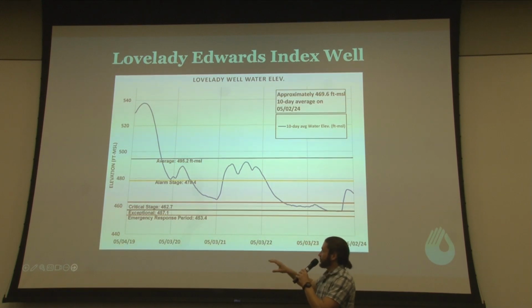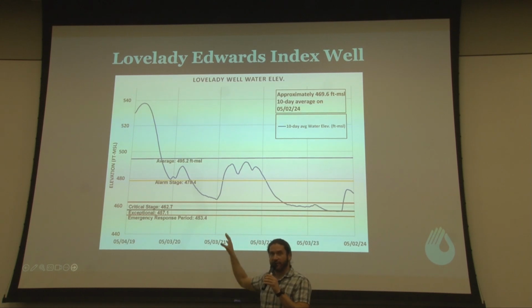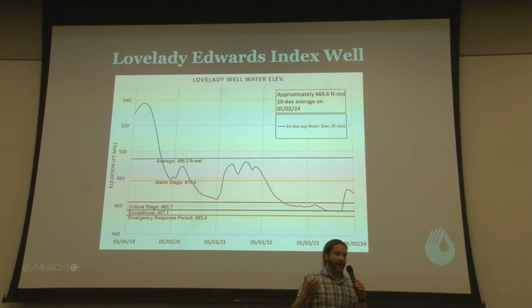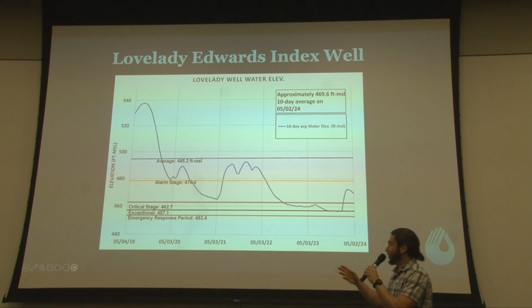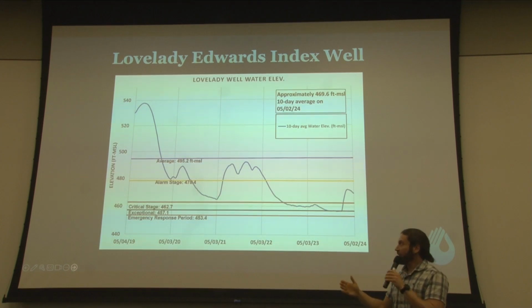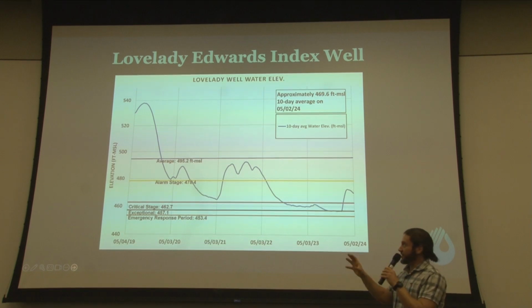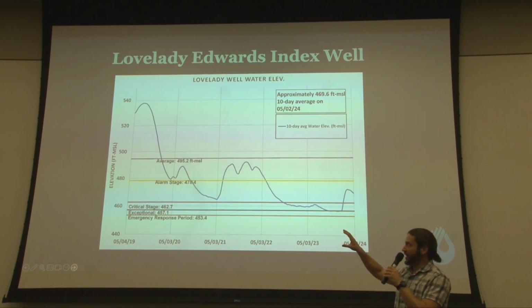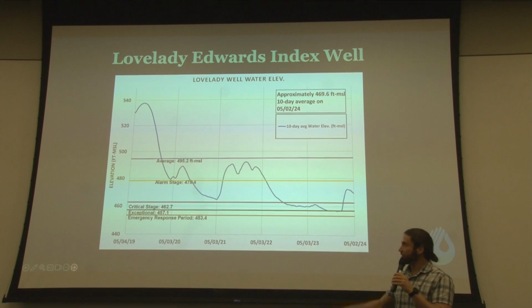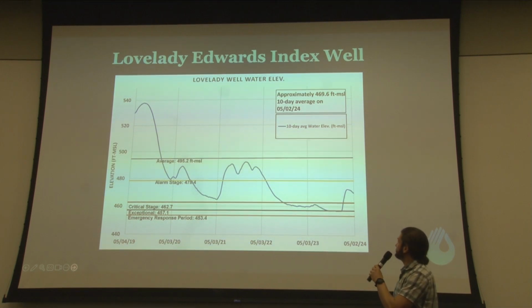On an annual basis, we do get these recoveries. The Edwards is a resilient system, and if we get rainfall, it will bounce back quickly. But we need a lot more rainfall than what we have been getting to get back up to even average or above average groundwater levels.